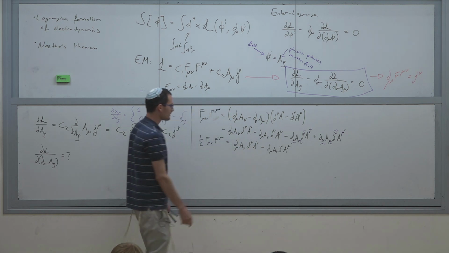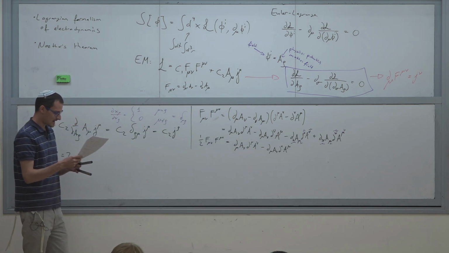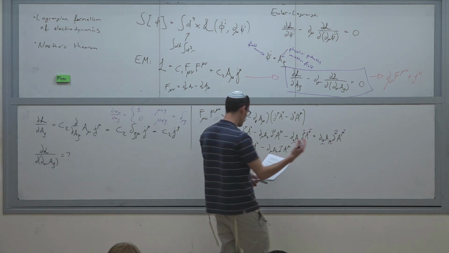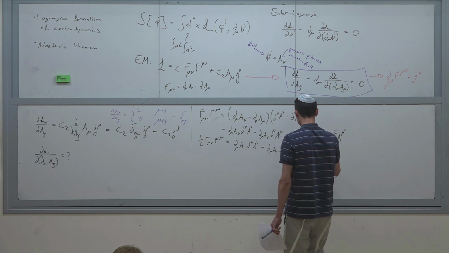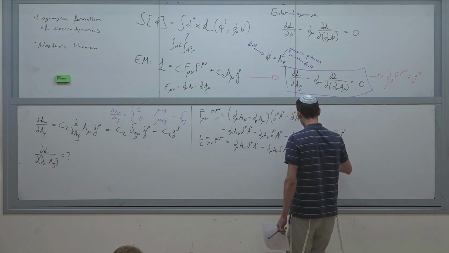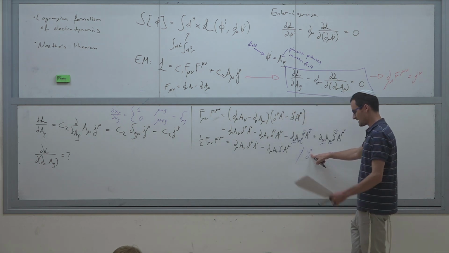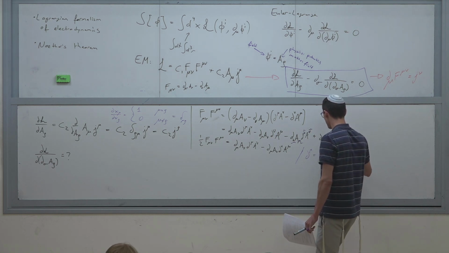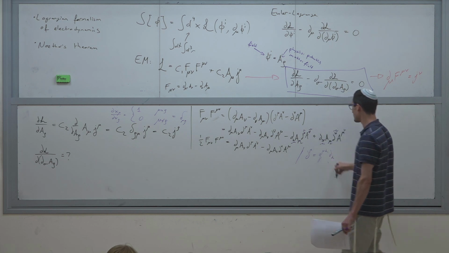So in order to make these lower indices, I'm going to use the metric, what we call G. So I can write d mu with upper index as G mu alpha times d alpha with a lower index.